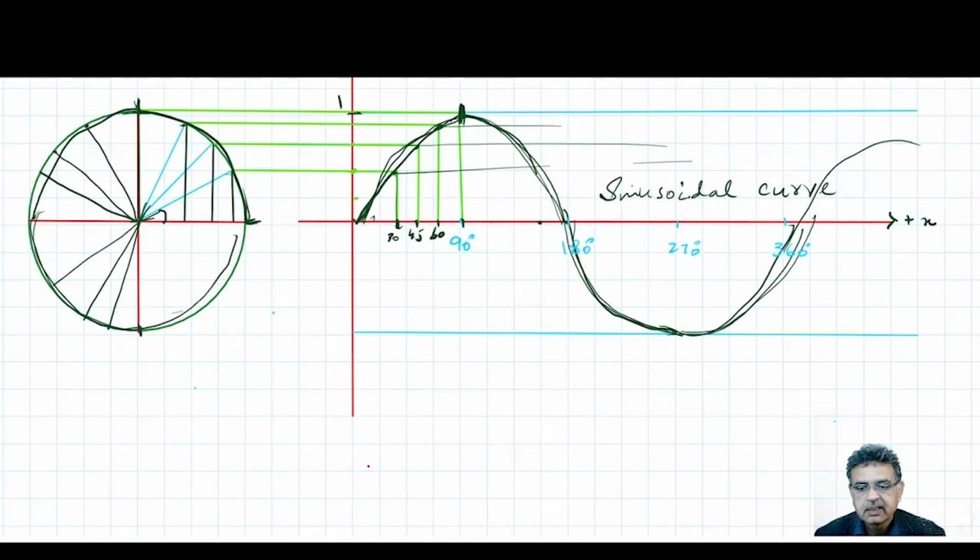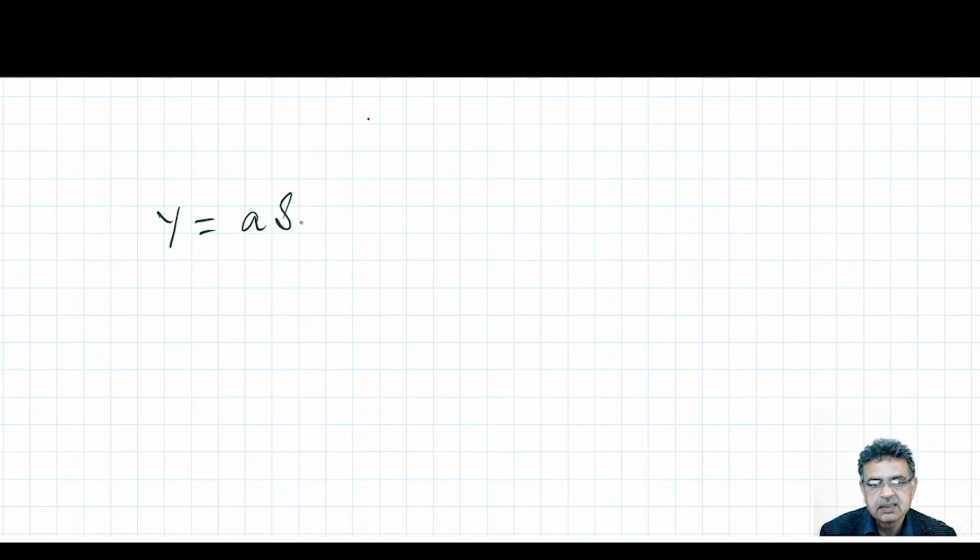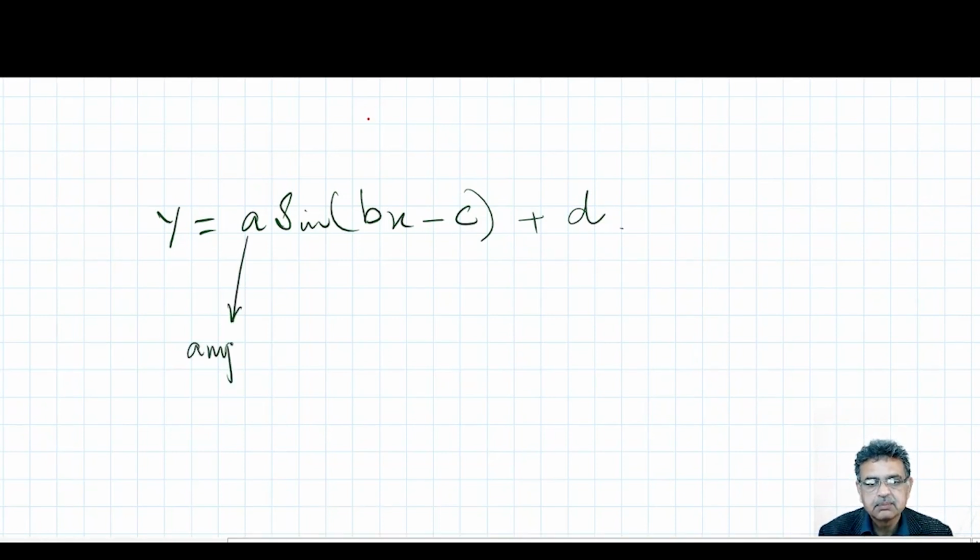Now let's come back here. If I write that expression here, y is equal to a sin(bx minus c) plus d. This changes amplitude.